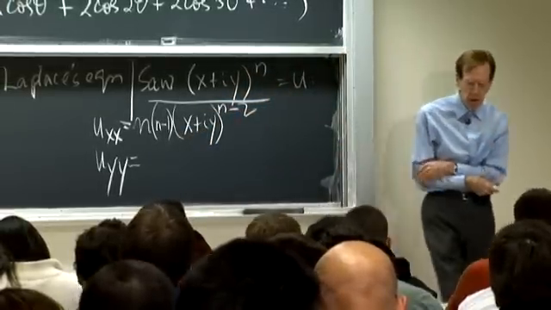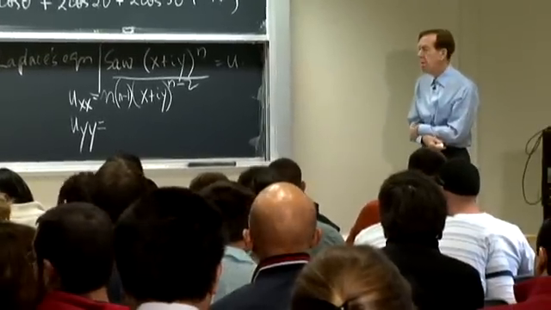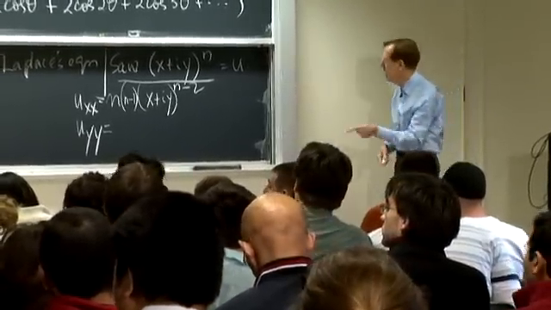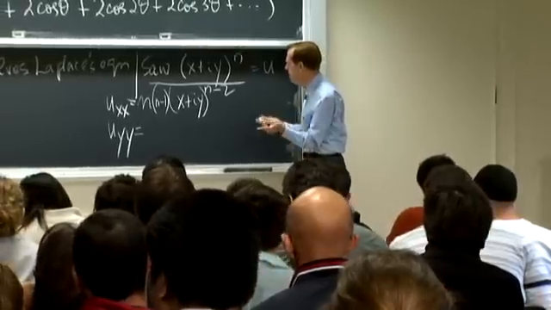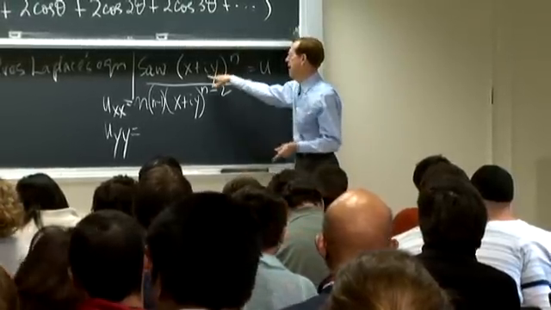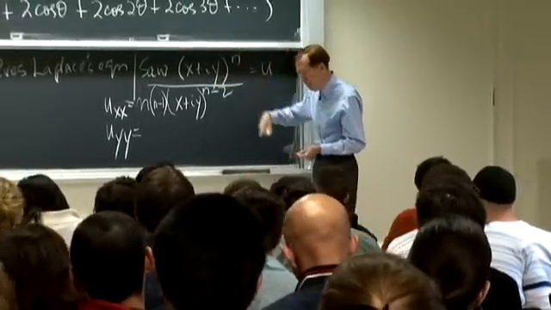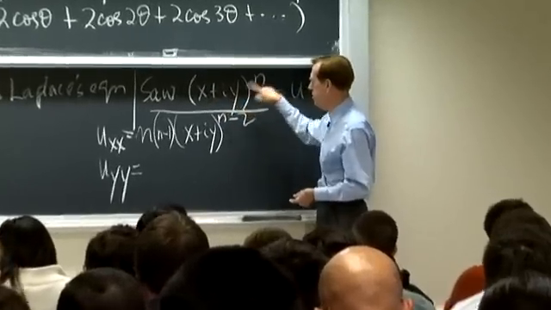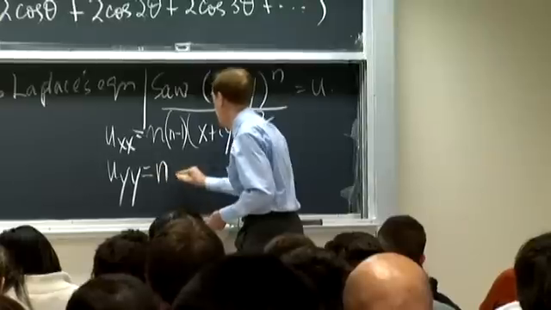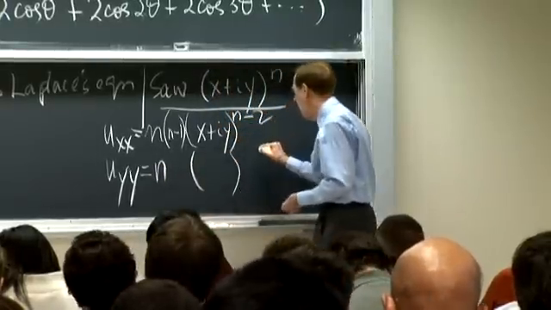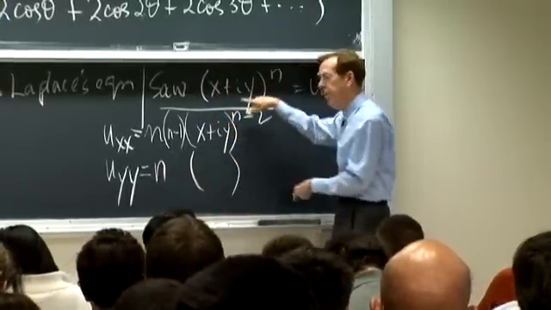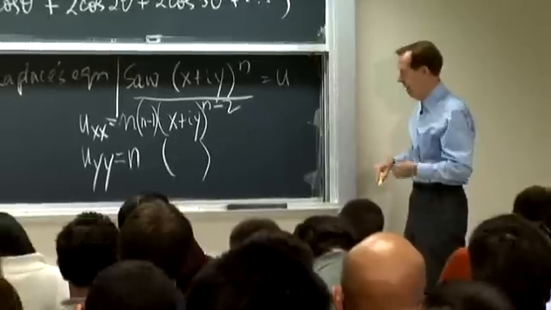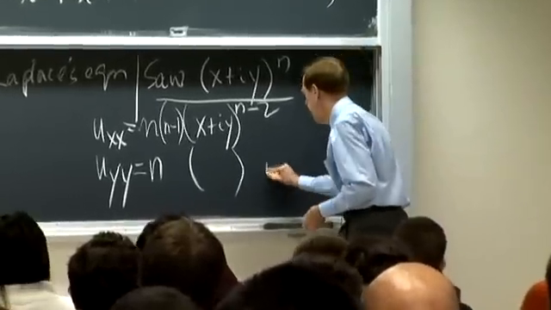Do you see the point? Opposite sign. And why does the sign come out opposite? Because of that guy. Yeah, it's the chain rule, right? The derivative of this with respect to y will give me an n times this thing to one lower power times the derivative of what's inside. And the derivative of what's inside is an i.